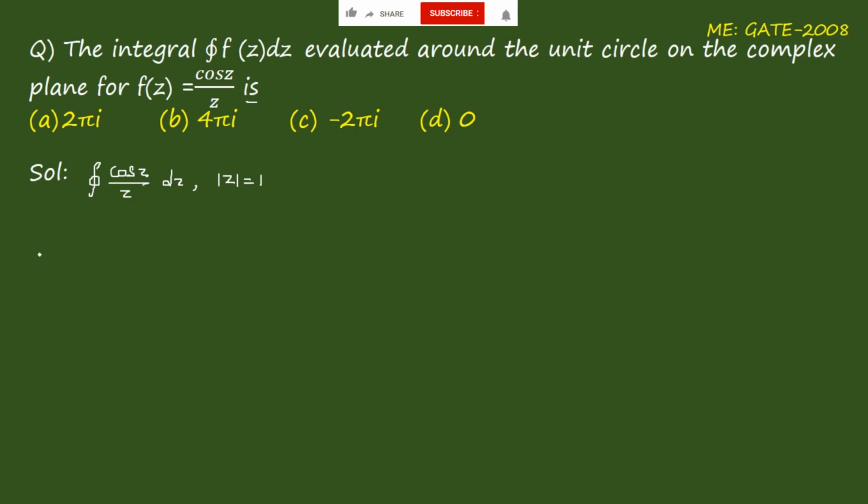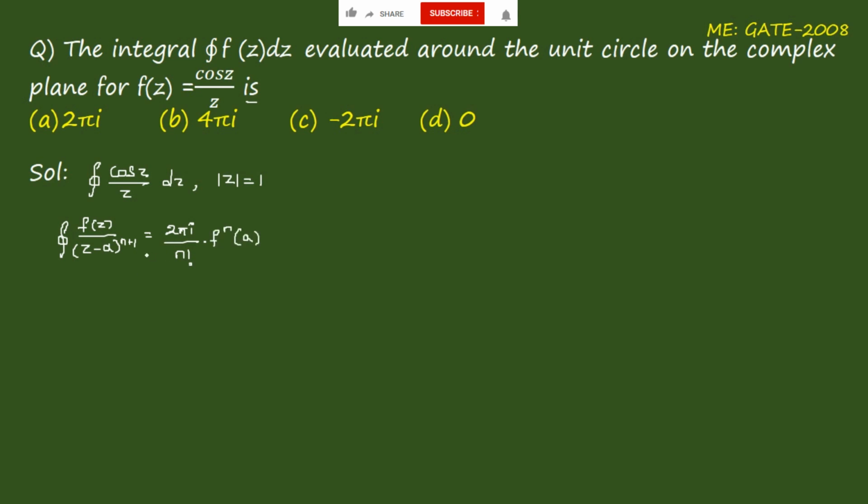Right. Now the general formula we use is the Cauchy's integral formula, given as the integral over a closed curve of f of z by z minus a whole power n plus 1 is equal to 2 pi i by n factorial into f n of a.